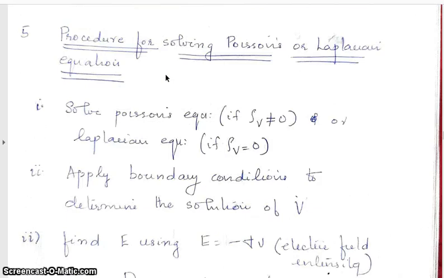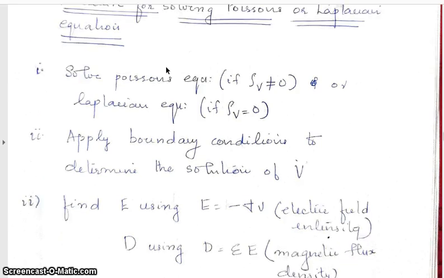Now this is the procedure for solving Poisson's or Laplace equation. It's enough to go through this, it's not that important. First you have to see whether that particular region has charge or not. If it is a charged region, then you can use Poisson's equation, and if it is a charge-free region, then you can use Laplace equation.